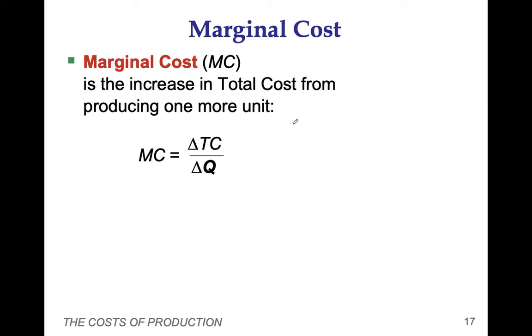So it is the change in the costs arising from one additional unit of output. Indeed, each unit of output has its own costs.